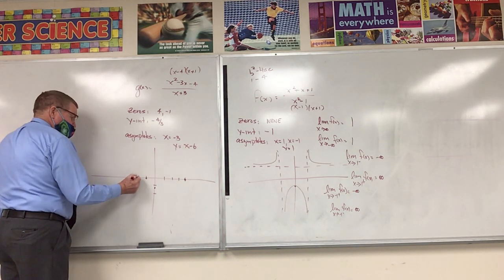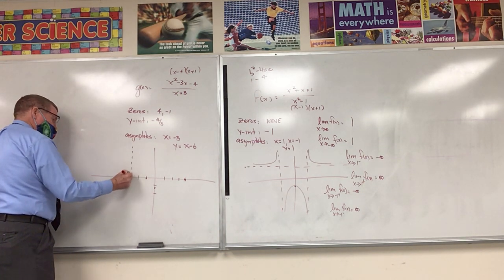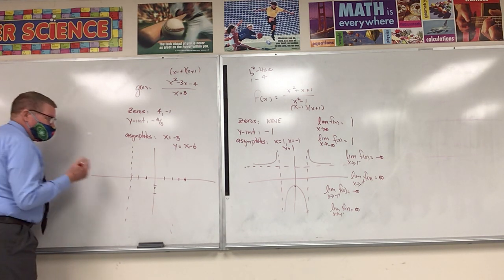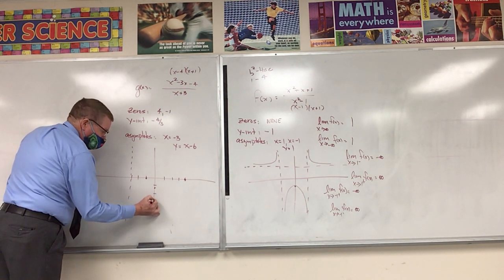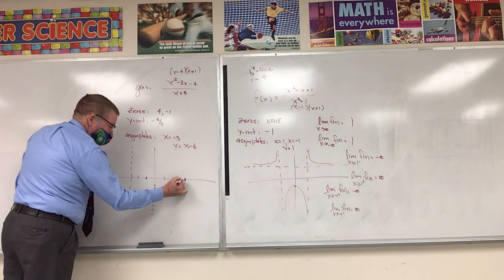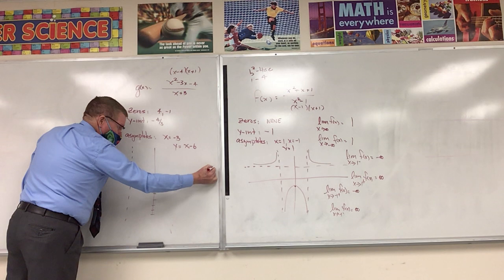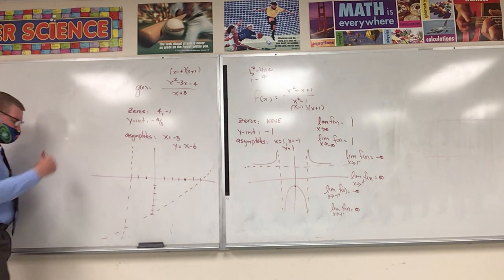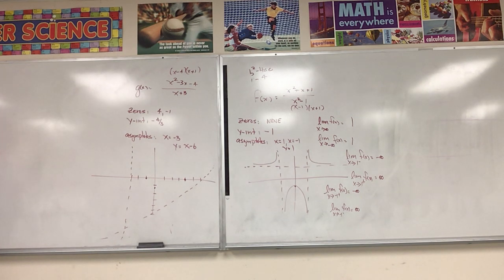Vertical asymptote: negative 3. Slant asymptote: y equals x minus 6. Maybe it's not that one. No, I just made this one up. It's not this one, but it's very similar.